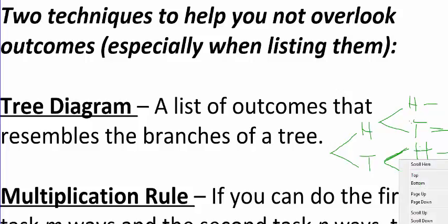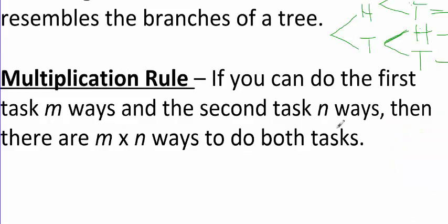We also have the multiplication rule. If you can do the first task m ways and the second task n ways, then there are m times n ways to do both tasks.